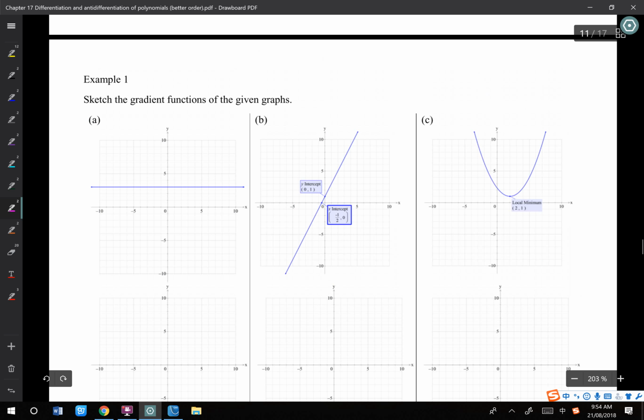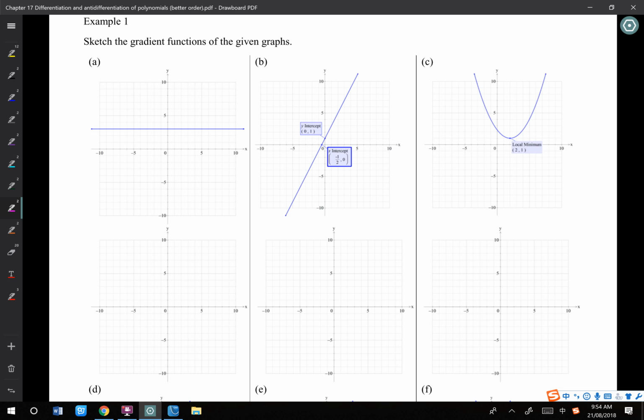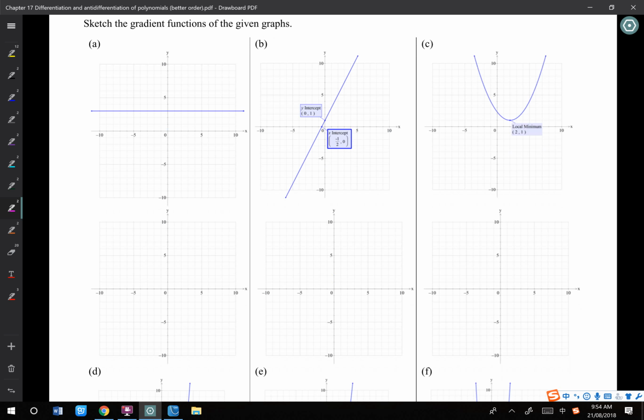Let's have a look at the function, page 11. Okay, so the first graph is a horizontal line. What's the derivative here? 0. So my derivative is a horizontal line on the x-axis.